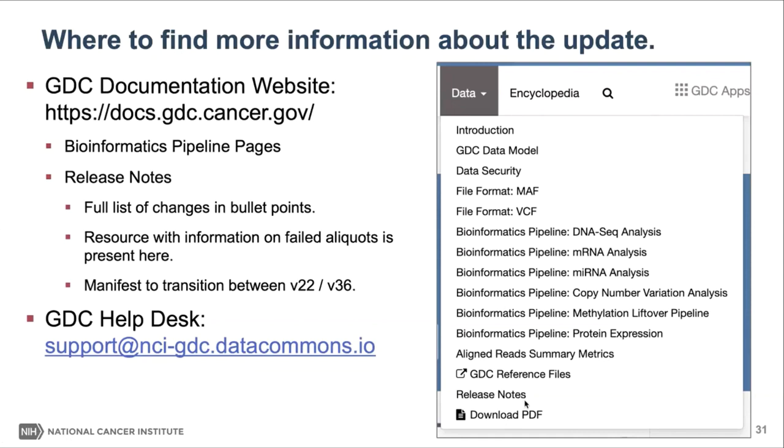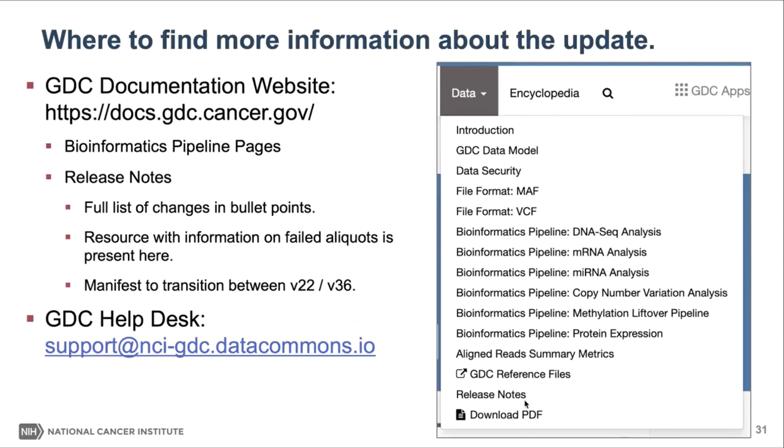In addition to that, because these were run using either updated pipelines or slightly different gene models, some aliquots failed the pipelines for one reason or another. And this is all outlined in the release notes, as well as a giant list for all of the aliquots that had some problem that the user should know about. So that's all provided in the data release notes.